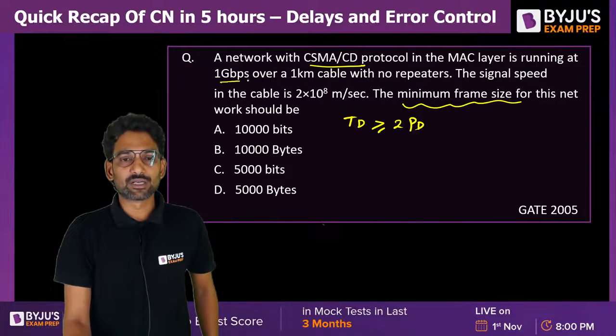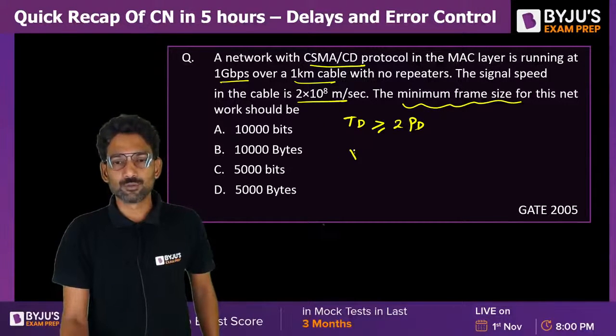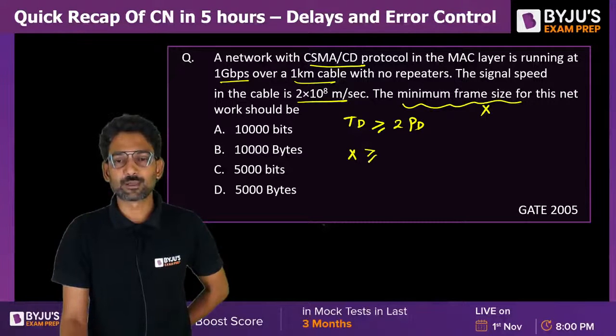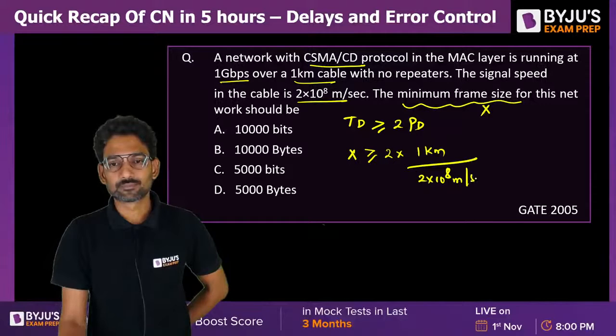We are given 1 gigabit per second bandwidth, 1 kilometer cable, speed. So frame size, let it be x. x must be greater than or equal to 2 into length by speed into bandwidth, 1 gigabit per second.